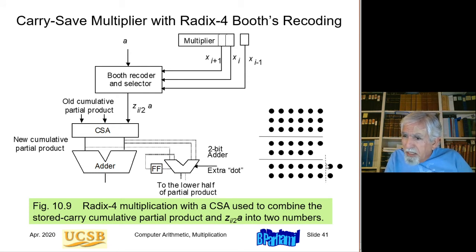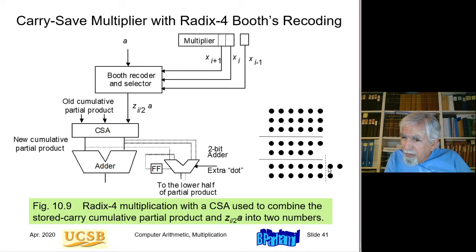What I do is take this 2-bit number and this 2-bit number, whose lower bit happens to be 0, and add them in a 2-bit adder. When I add them in a 2-bit adder, I get a 2-bit sum. That's the part that moves into the lower half.